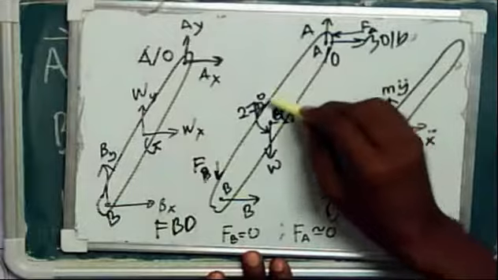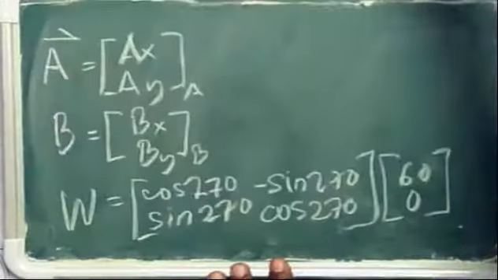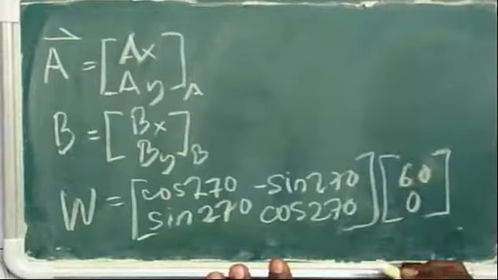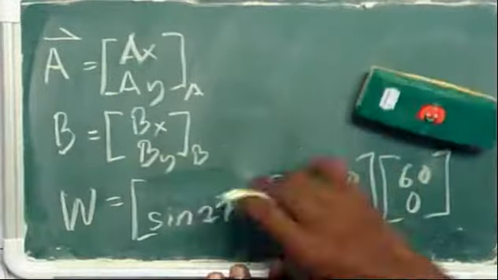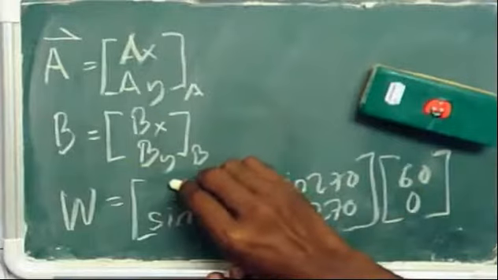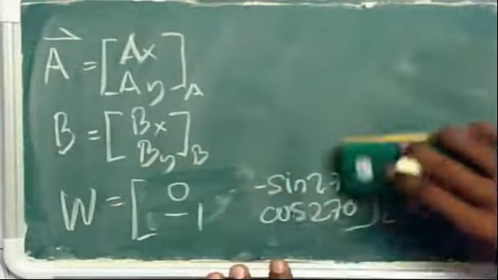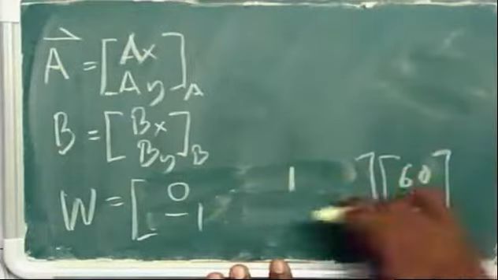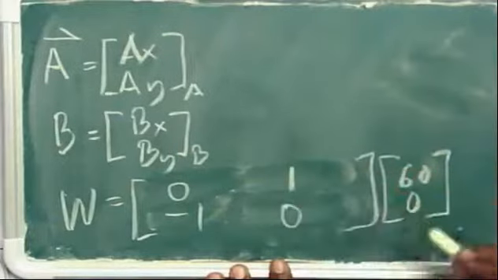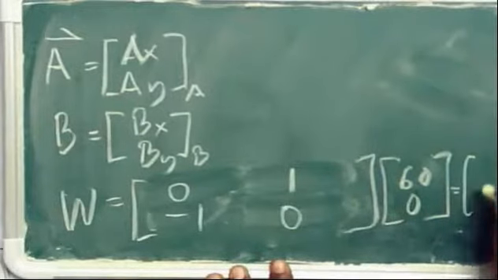The weight vector is making 270 degrees from the horizontal. Cos 270 is 0, sine 270 is minus 1, and this one is 1. Here is 0. So when we do the matrix multiplication, we find that this is equal to 0, minus 60.